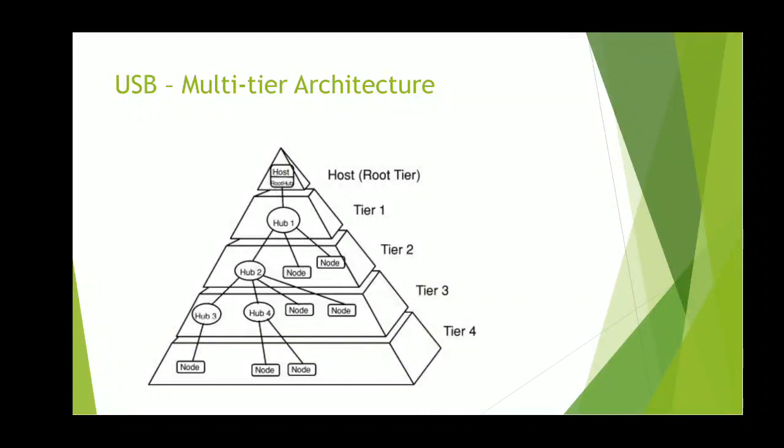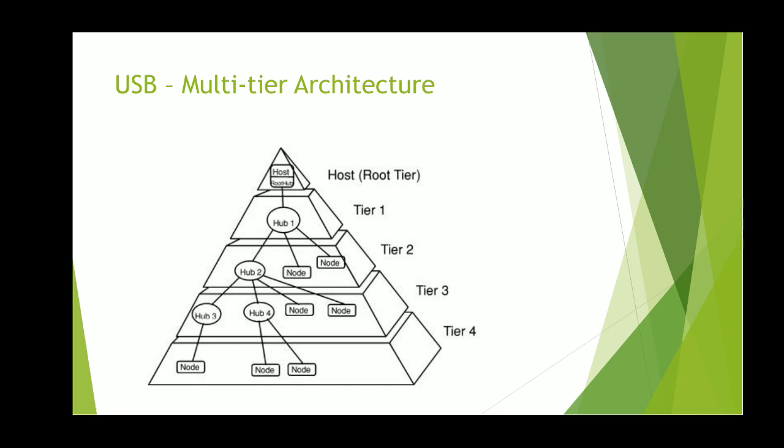Let us look into the multi-tier architecture of USB. The top layer of the multi-tier architecture contains the host device or root hub. Other USB nodes and USB hubs can be connected to this tier, and the hubs and nodes connected to the root tier are called tier 1 nodes and tier 1 hubs.